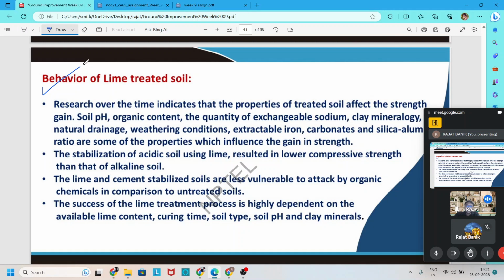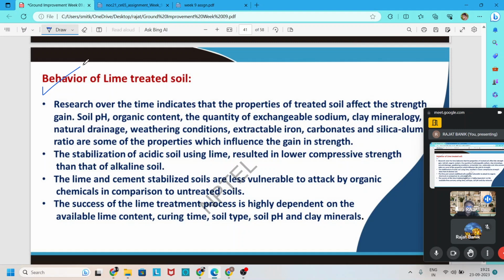Soil pH, organic content, quantity of exchangeable sodium, clay mineralogy, natural drainage, weathering condition, extractable iron, carbonates, and silica alumina ratio are all some of the properties which influence the gain of strength. So these are a few factors which govern the lime soil reaction, and they were discovered over time and by research.